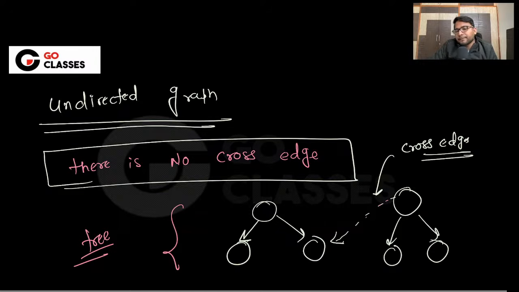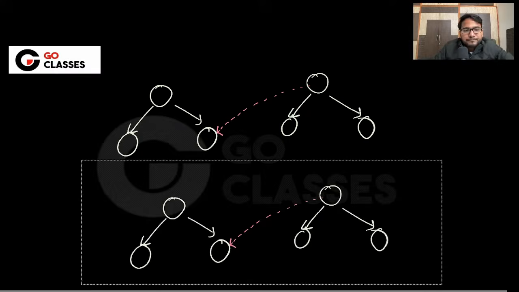The reason is that, let's suppose this is my tree, and let's suppose there is some cross edge, which is this. In the tree I'm having the direction, or in the forest I'm having the direction, but in the graph actually there is no direction, right?